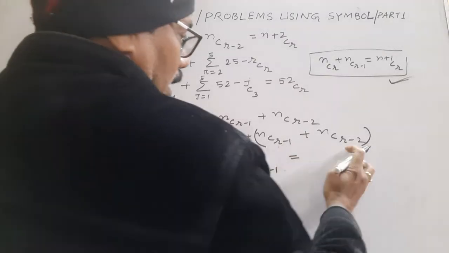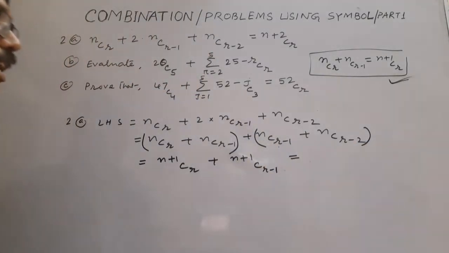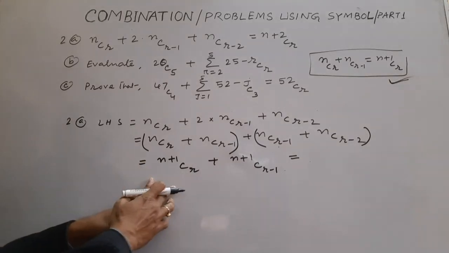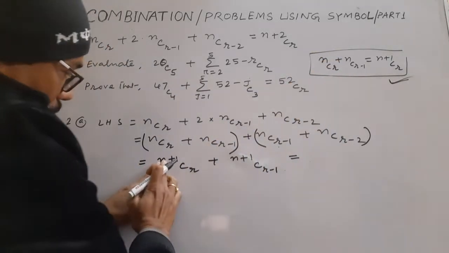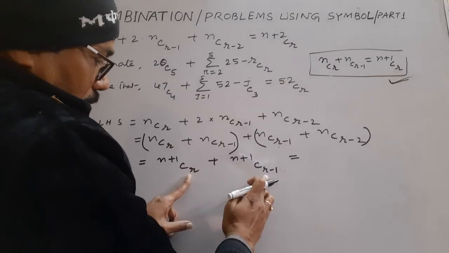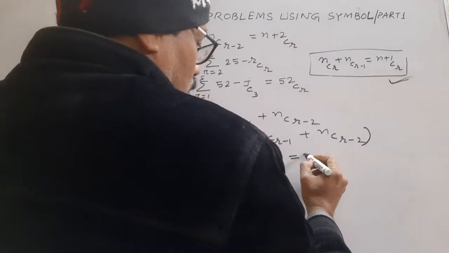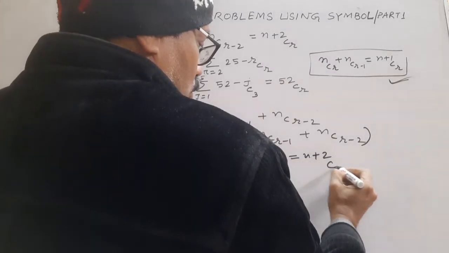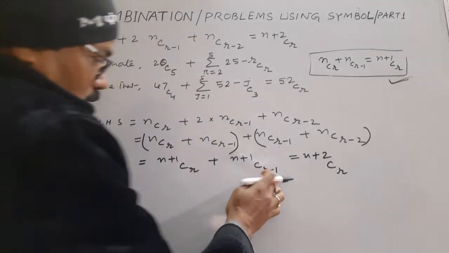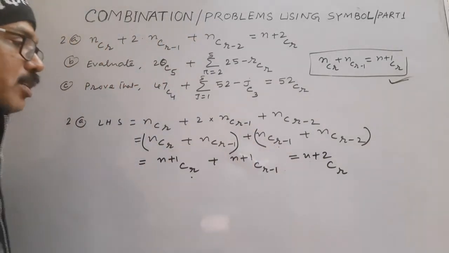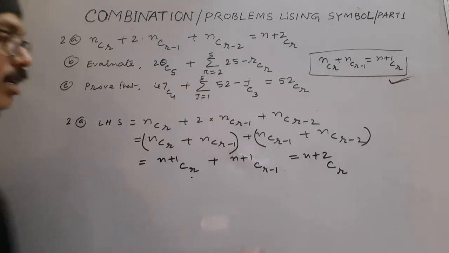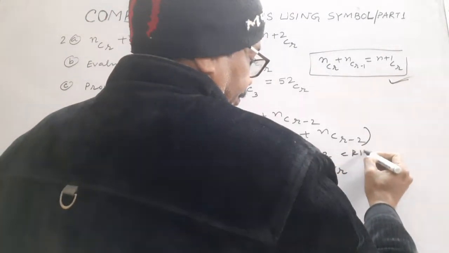Again we can apply the above formula. Upper suffix same, lower suffix differ by 1. So n plus 1 plus 1, so n plus 2 Cr, the greater of the lower suffix. So this is our right hand side.